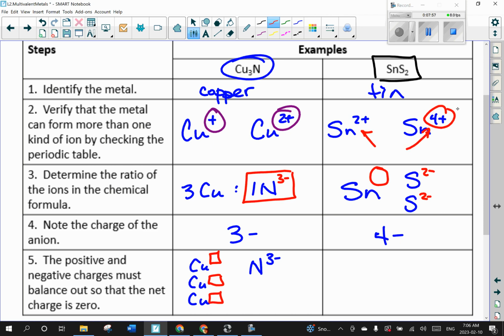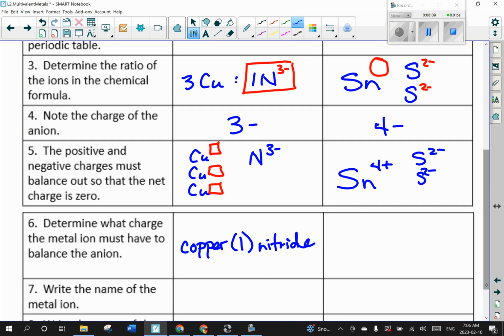It's got to be the 4, because that would cancel it out. If it was tin 4 to the sulfur 2 negative, 2 negative, whoopsies, that would work. Okay, so then I'm going to say it's the tin 4, and then this is called sulfide.